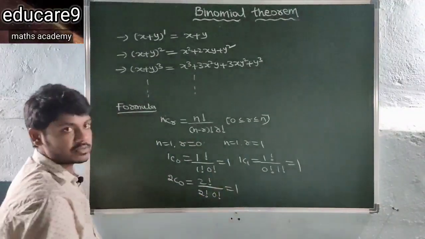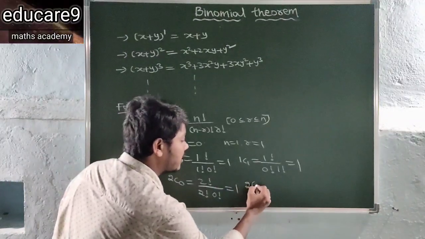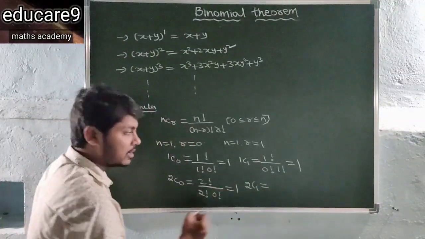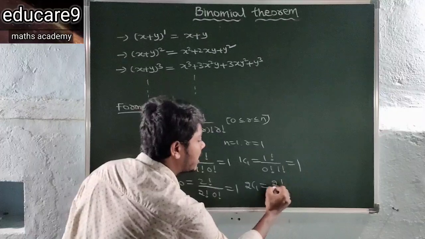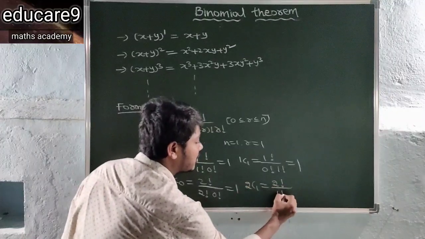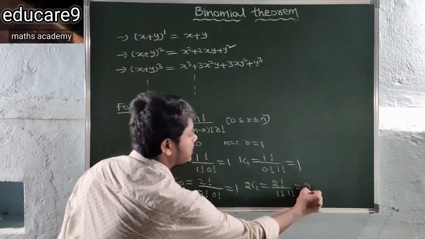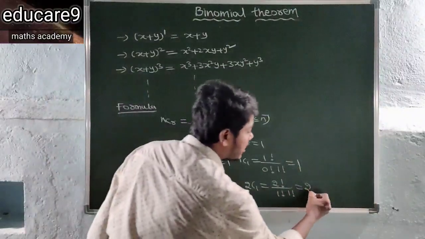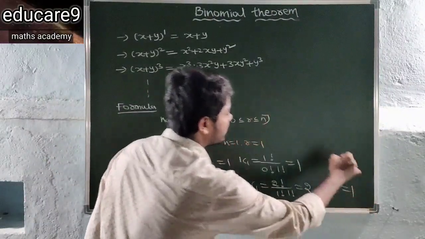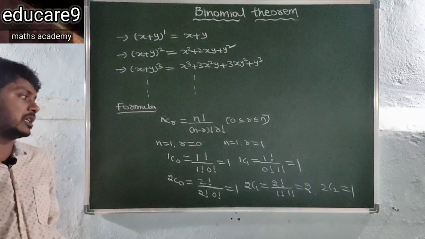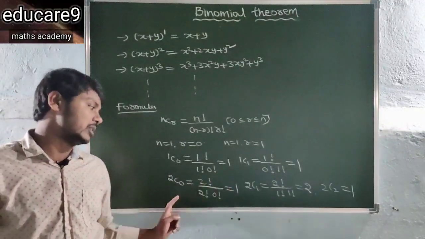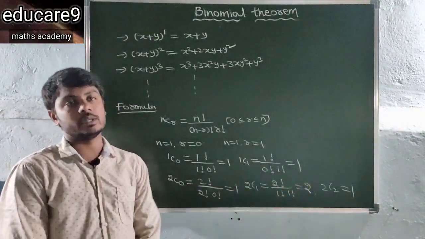So again this value is 1. And 2C1, so how to write 2C1? It is 2 factorial by 2 minus 1, 1 factorial into 1 factorial, this is 2. So similarly 2C2 value is 1. Okay. So these are the values of 1C0, 1C1, 2C0, 2C1 and 2C2.